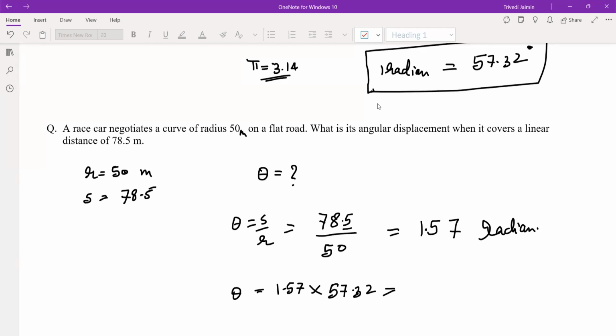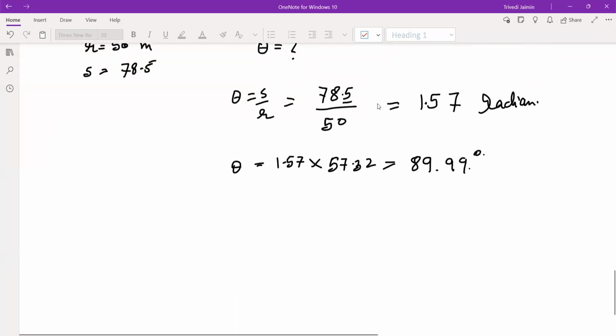It should be 89.9, actually 90. 89.99 degrees. Let's round it off to 90 degrees. So theta is 90 degrees, perpendicular to each other.